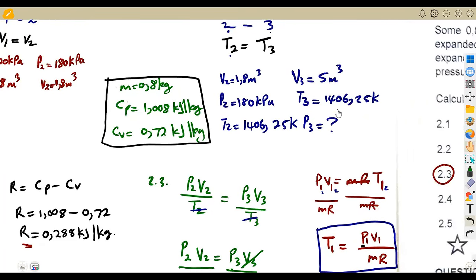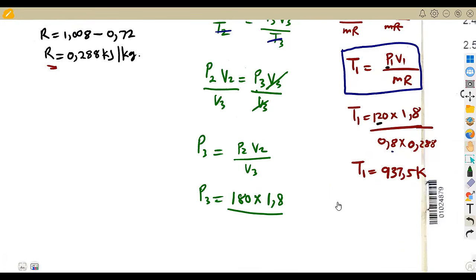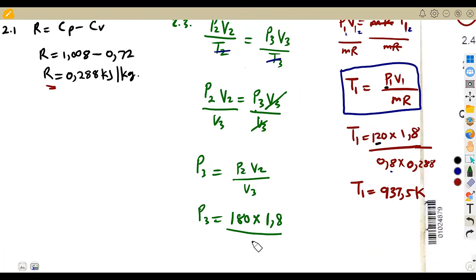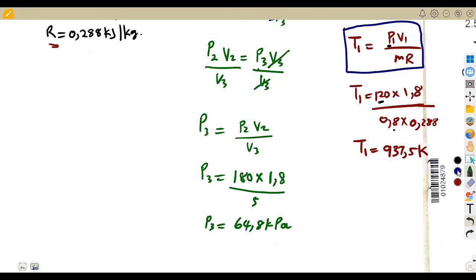V3 was given as 5 cubic meters. So that is going to give us P3, which is 64.8 kilopascal. So that is the value of P3, 64.8 kilopascal.